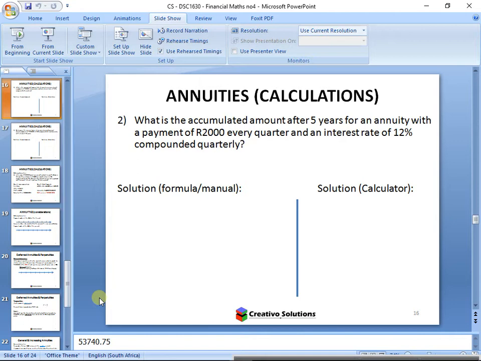Accumulated amount was 18. 53,714. Correct. Good. Okay, that's a tricky one.